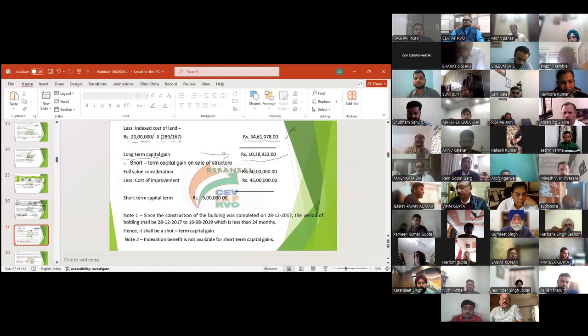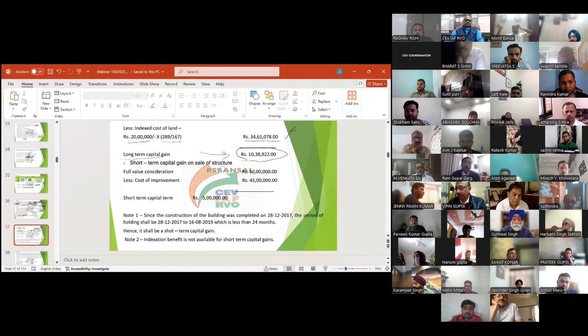So the taxable gain is 10,38,922 for the land part. The land part you can calculate. For the building part, it will be subjected to short-term capital gain, which you can calculate at the rate of 30%.